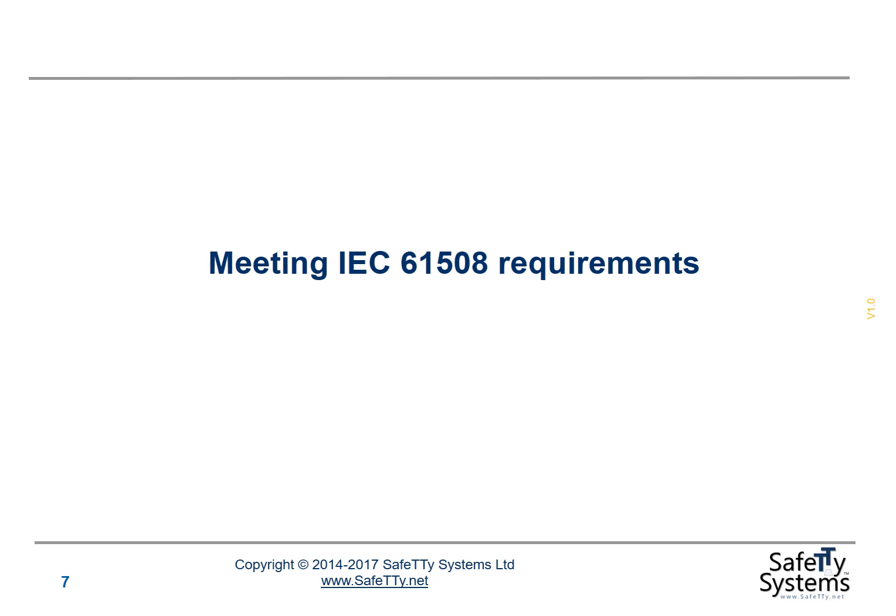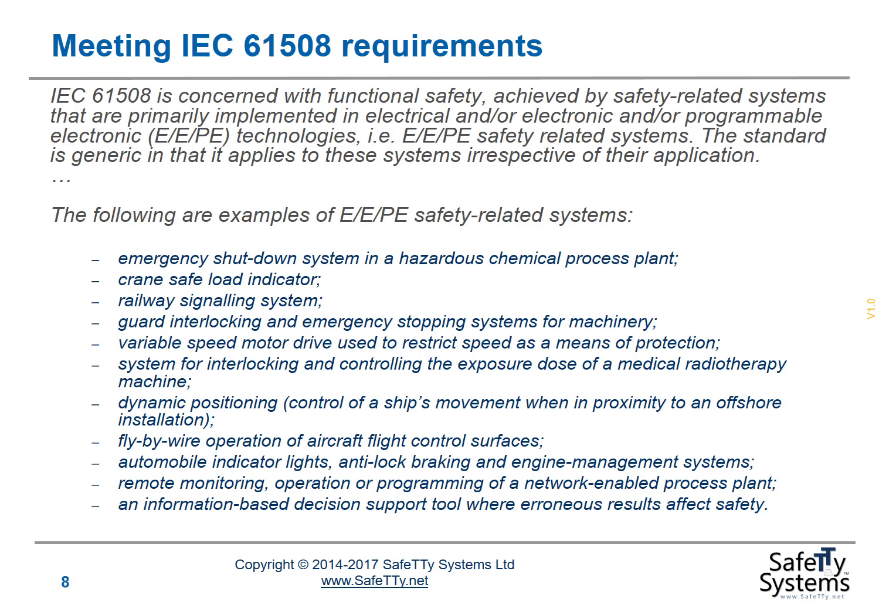Let's start by talking about some of the requirements for some related international safety standards, beginning with IEC 61508. So IEC 61508 is a base standard. It's concerned with functional safety achieved by safety-related systems that are primarily implemented in electrical and/or electronic and/or programmable electronic technologies.